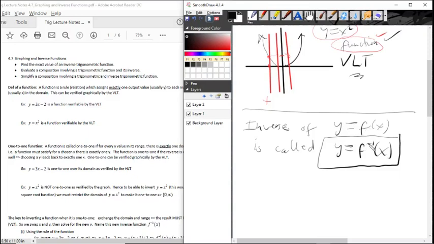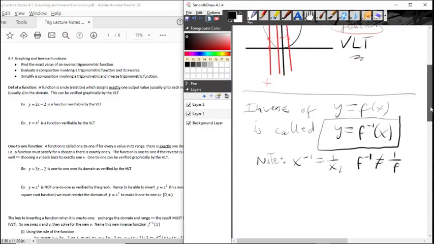This is the inverse of f. Note, this notation implies inverse. It does not imply reciprocal. Although something like x to the negative 1 means 1 over x, f to the negative 1 does not mean 1 over f. f to the negative 1 means notationally the inverse of f.